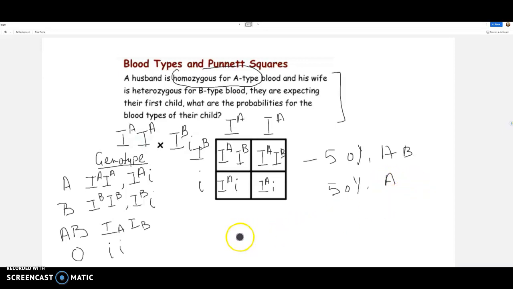So that's how you solve blood type genetics. What I'm going to do is post a quiz. You have to do that based upon this concept.